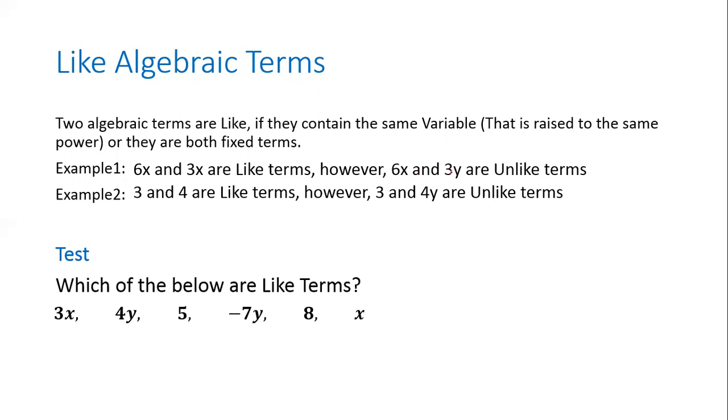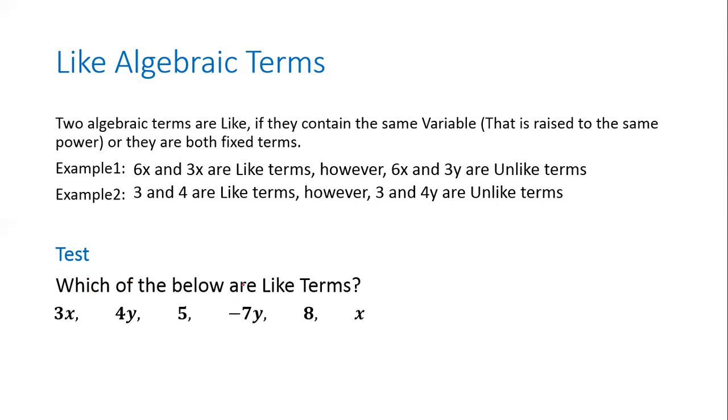However, 6x and 3y are unlike terms since they contain different variables. Let's take another example. 3 and 4 are like terms because they are fixed terms, they are constants. However, 3 and 4y are unlike terms, okay? Because here we have the variable y and here we have a fixed term. So they are unlike.